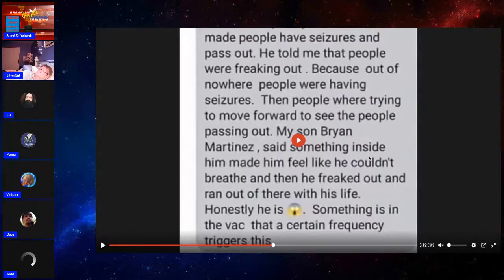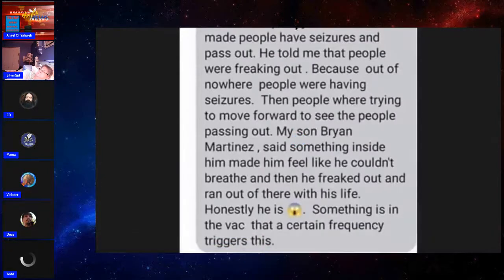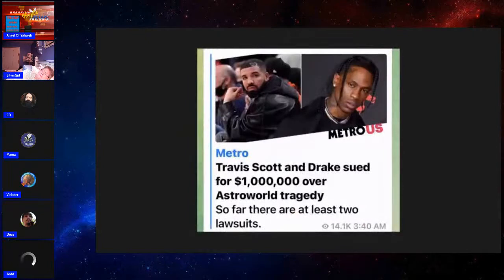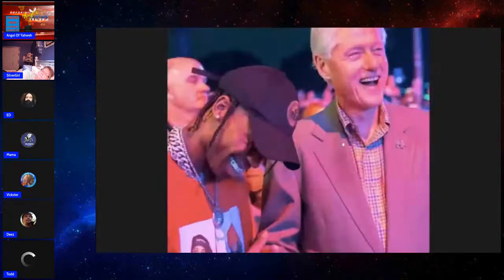Because they all had to have the jab to go to the concert, where everybody had to be either tested or have the jab to get in. They couldn't go in without it. It's a foreshadow of what's coming. Yeah, the frequency made them have seizures. Well, not all of them, but a lot of them.